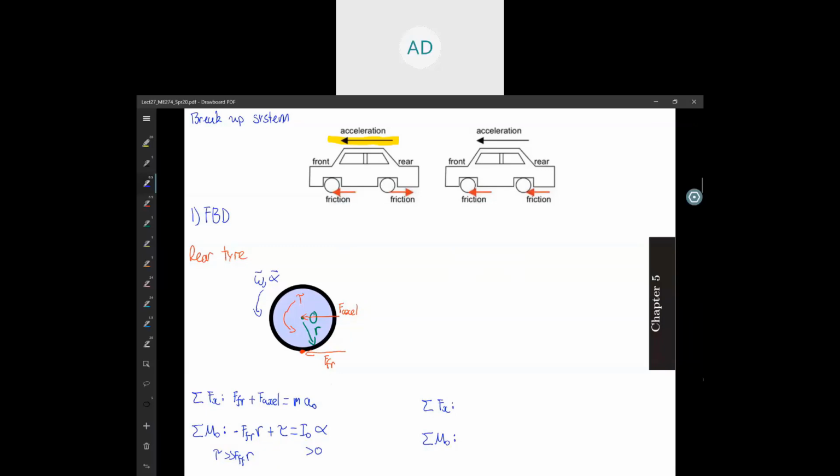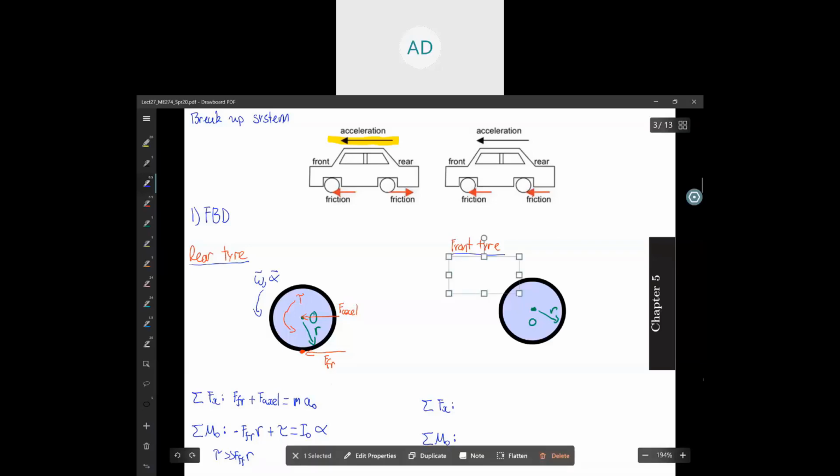Having established the direction of the friction force for the rear tire, now we turn our attention to the front tire. Okay, so in this case, we have our free body diagram here.